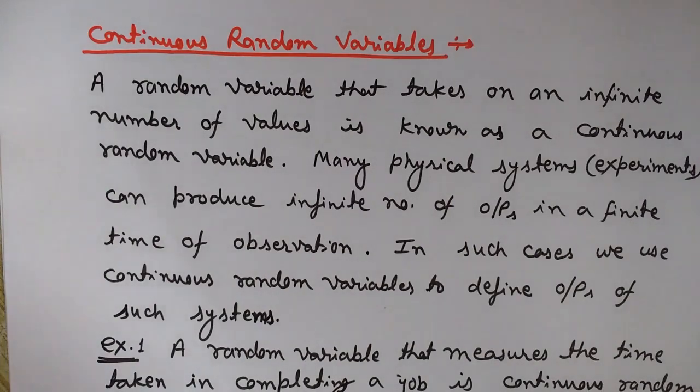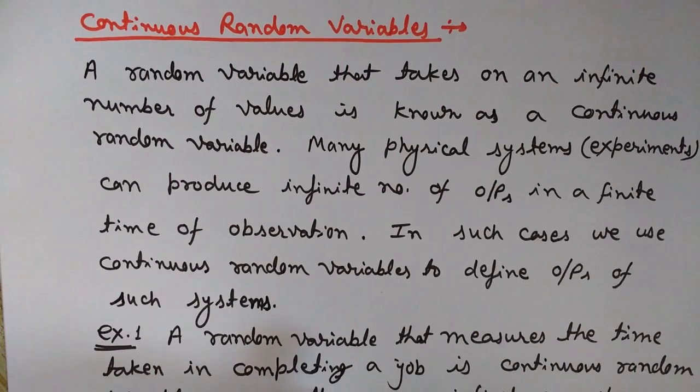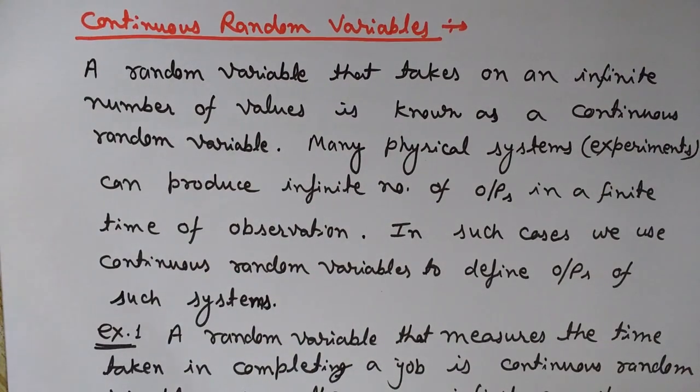The outcomes are infinite. So many physical systems can produce infinite number of outcomes in a finite time of observation. Okay, in such cases we use continuous random variables to define outputs of such systems. Okay, so here we will see 2 examples. Suppose we want to perform a job.